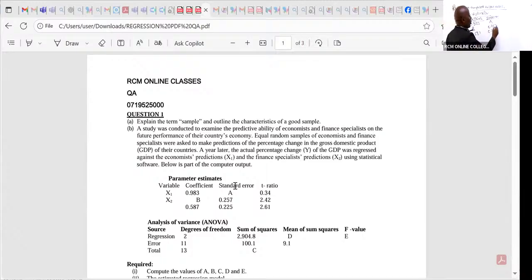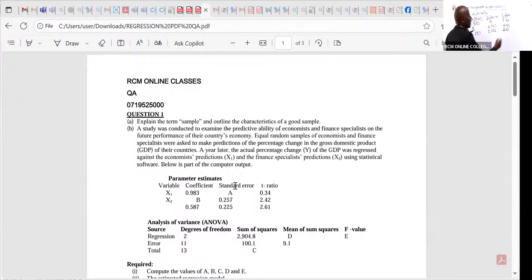And then we have what we call the student T ratio. So under student T ratio, what do we have here? 0.34. Then 2.42. And then lastly, we have here 2.61.